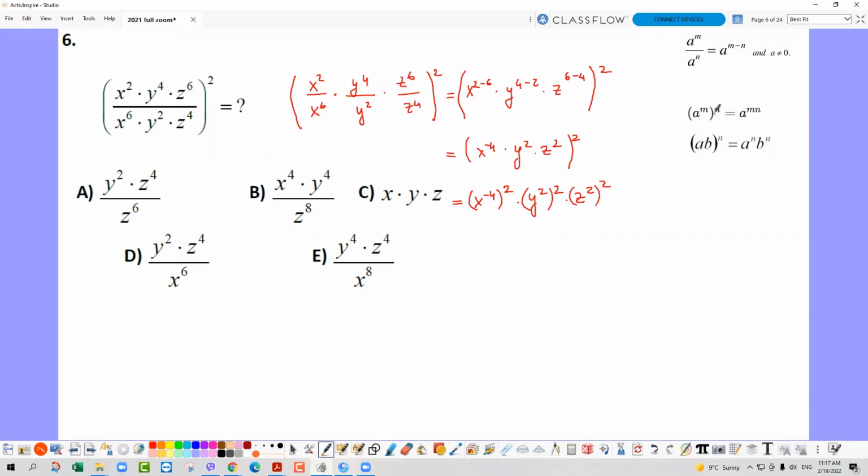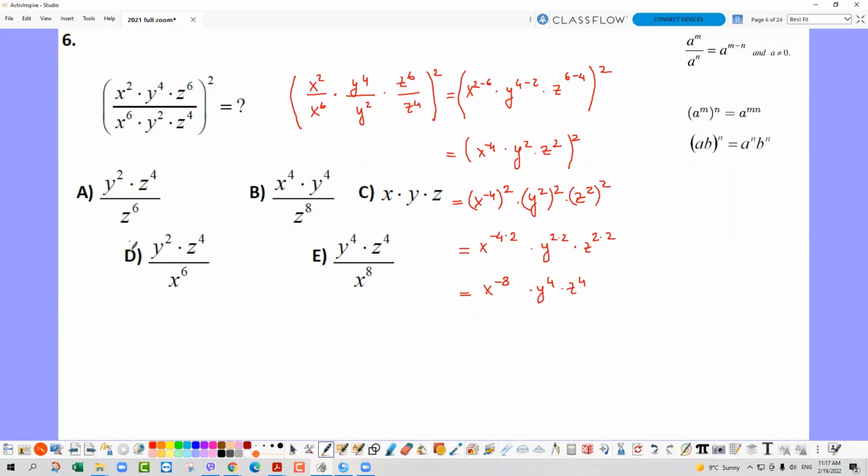Now I'm going to use the second rule, power of power, multiplication of powers: x to the power of minus 4 times 2, y to the power of 2 times 2, z to the power of 2 times 2, which is equal to x to the power of minus 8, y to the power of 4, and z to the power of 4.